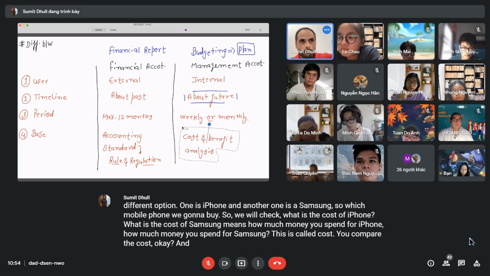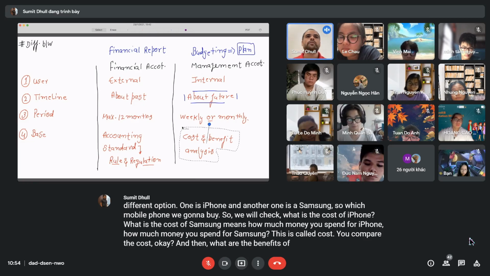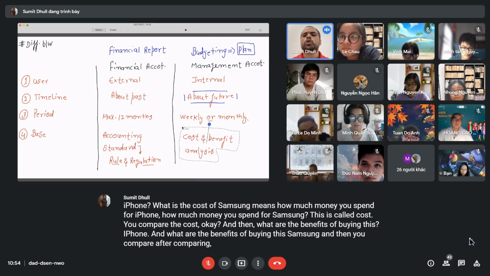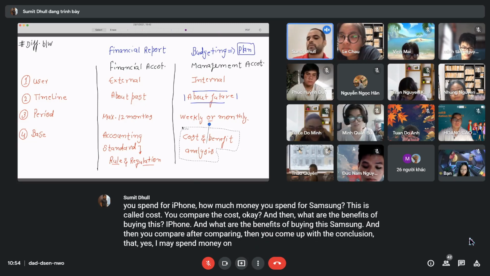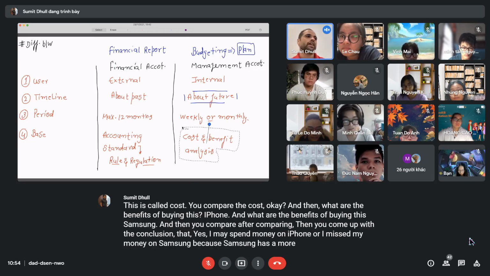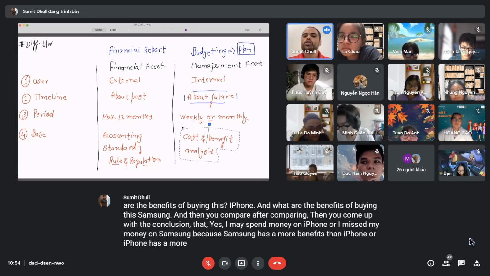And then what are the benefits of buying this iPhone? And what are the benefits of buying this Samsung? And then you compare. After comparing, then you come up with the conclusion that yes, I may spend money on iPhone or I may spend money on Samsung because Samsung has more benefits than iPhone or iPhone has more benefits than Samsung. So this is called the base.